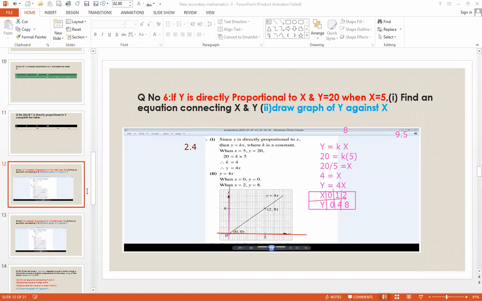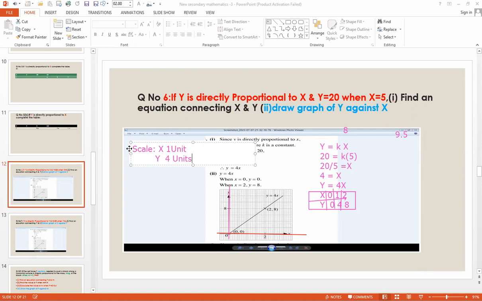Just 1 second. I have to write a scale. Always remember, whenever you draw a graph, you must remember the scale. For the x-axis, you have to take the difference of 1 unit. And for the y-axis, you have to take 4 units.